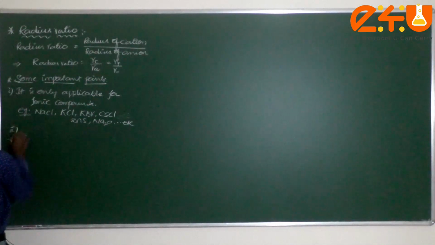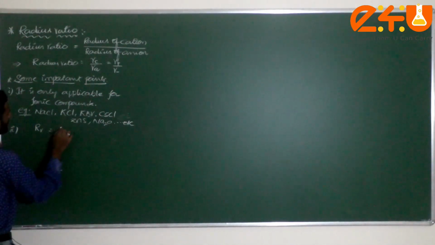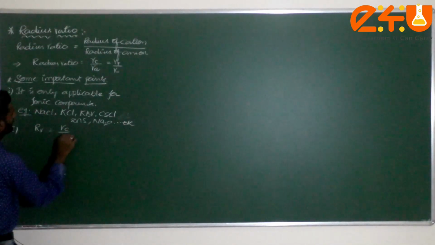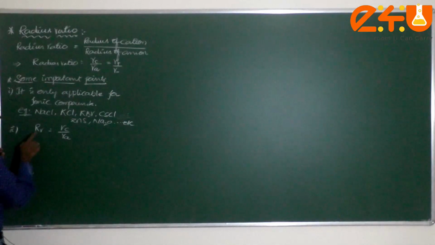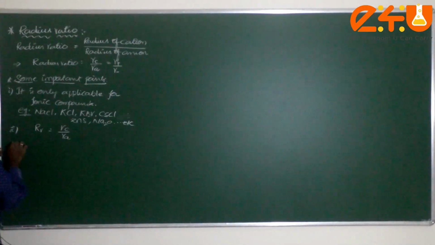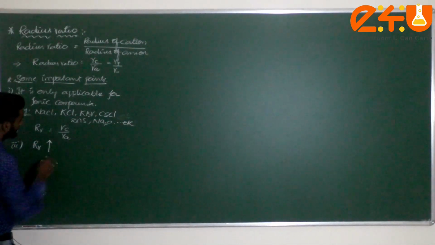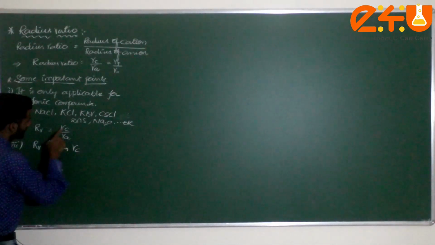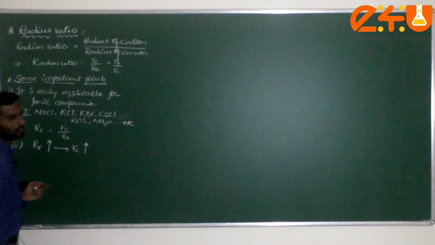Next one: radius ratio R is equal to RC divided by RA. Am I correct or not here? Now, if this radius ratio increases, then the radius of the cation also increases or not? That means both are directly proportional, dear students.